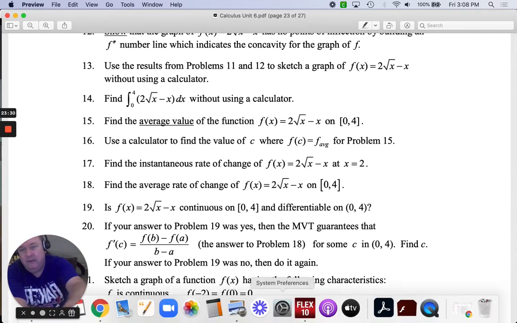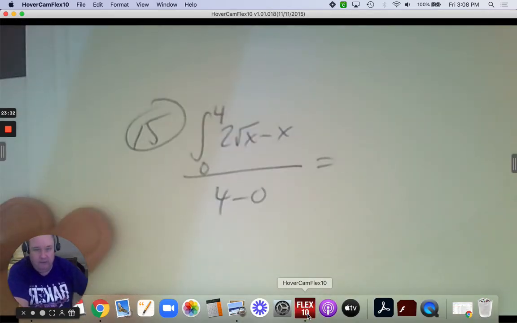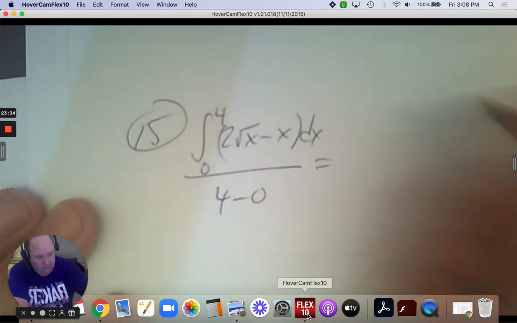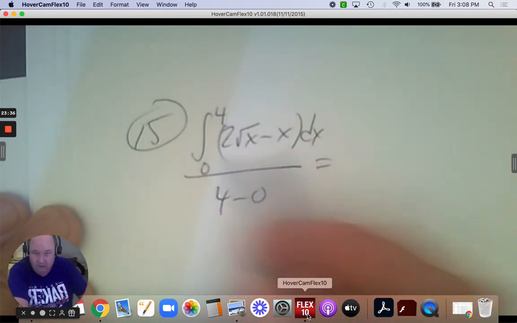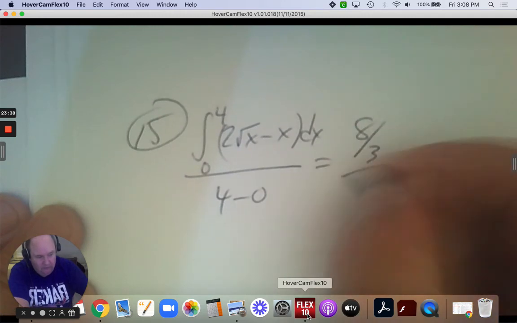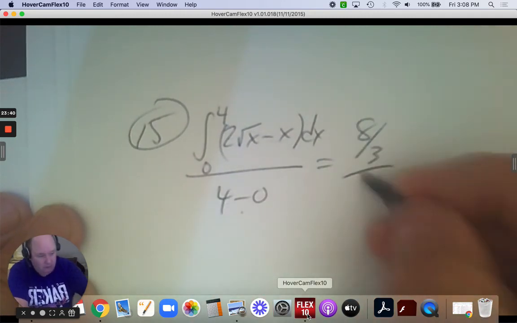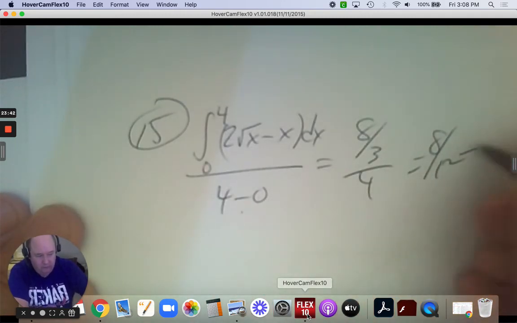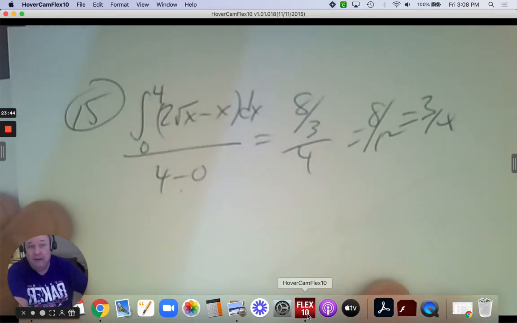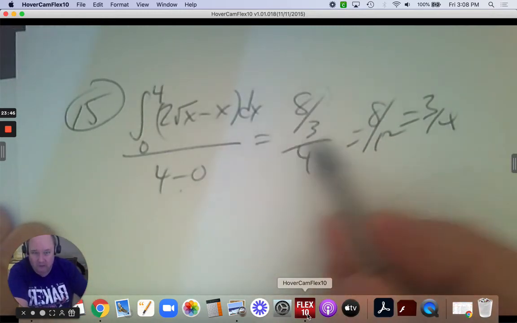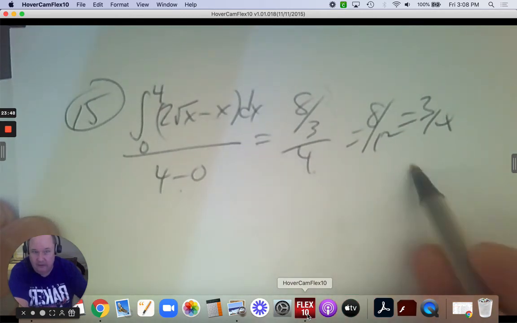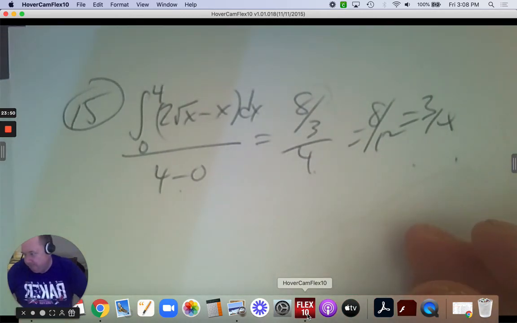Because we found the value of this already in the question before, that's 8/3. If I divide by 4, then you have your answer. So you could also write that as 3/4. So that makes it super simple that you already did the work for the numerator. Just divide it by 4 and you get your answer.